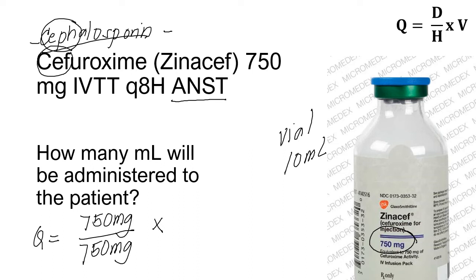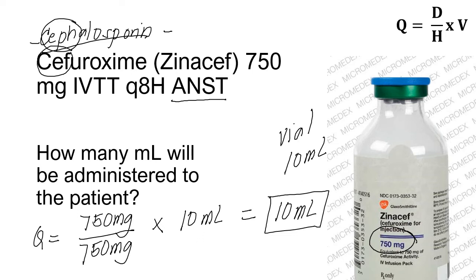So our vehicle would be 10 ml, unless otherwise given in the problem. Your answer would come even without picking up your calculators. 750 divided by 750 times 10 would give us a value of 10 ml. In other words, you need to prepare 10 ml of this medication to be administered to your patients.